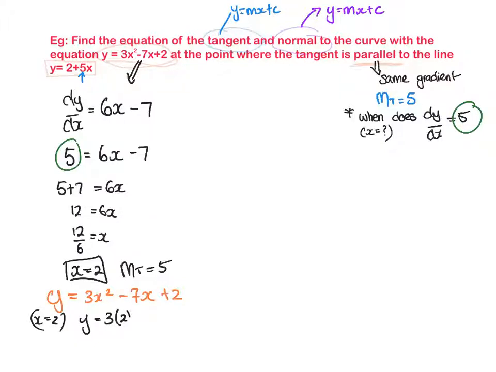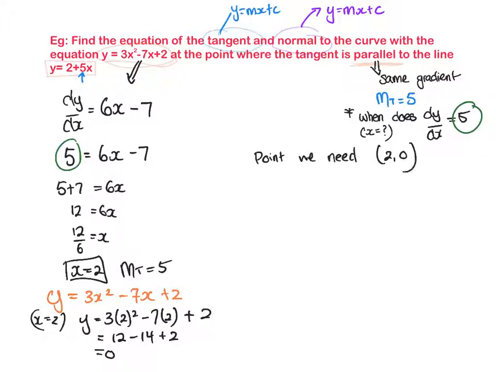So it'd be 2 squared minus 7 times 2 plus 2. So that will be 4 minus 14 plus 2. What's that? 0. Good. So we know the point we need is 2, 0.